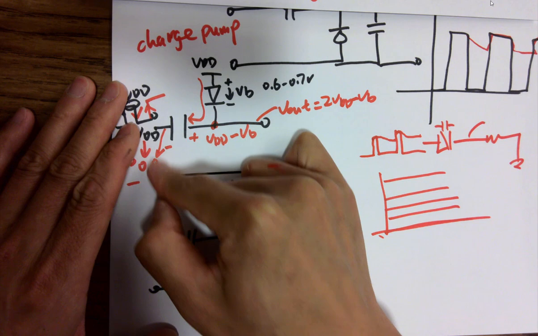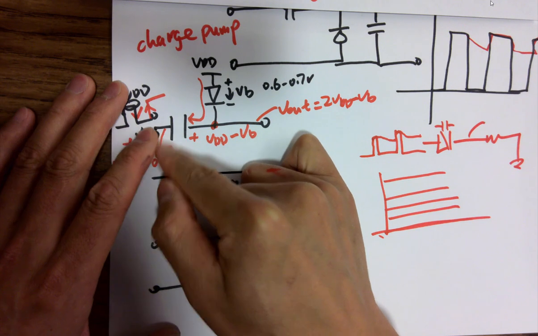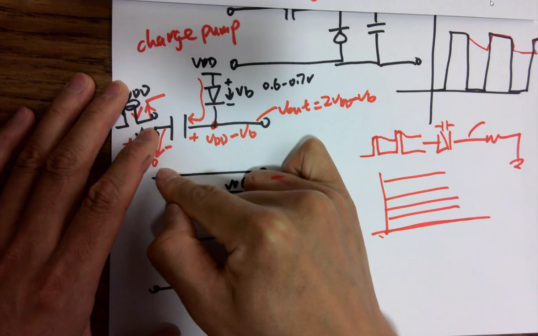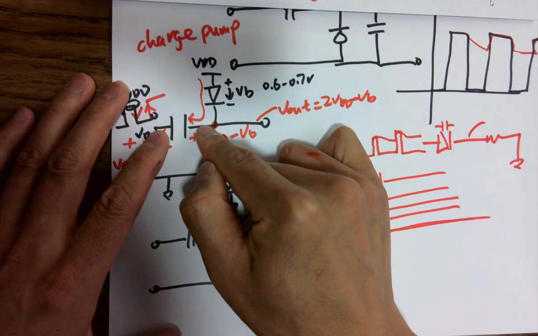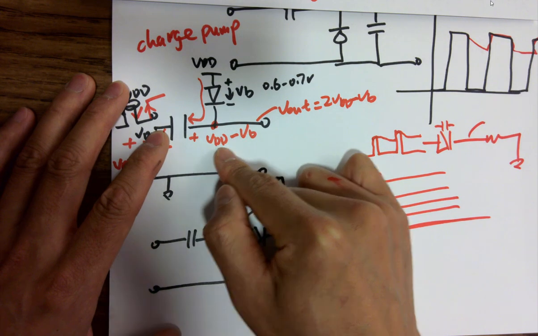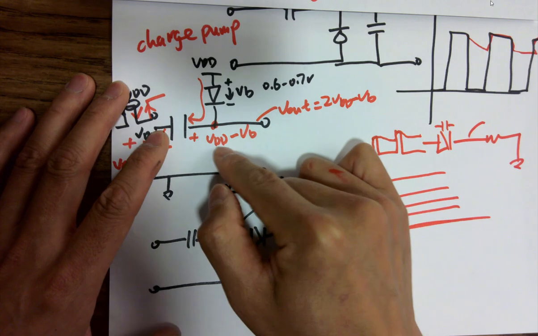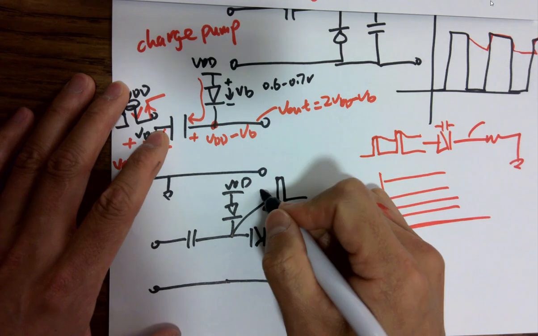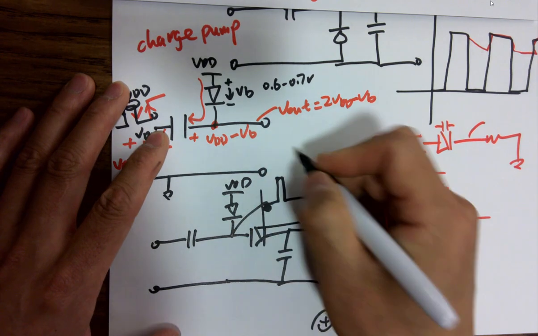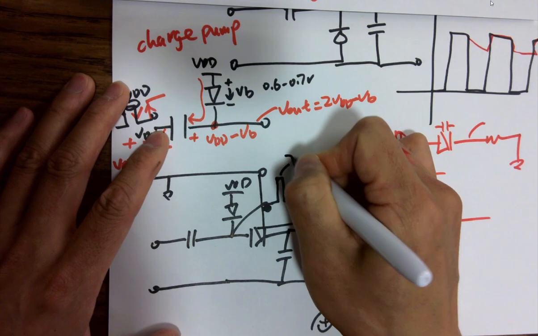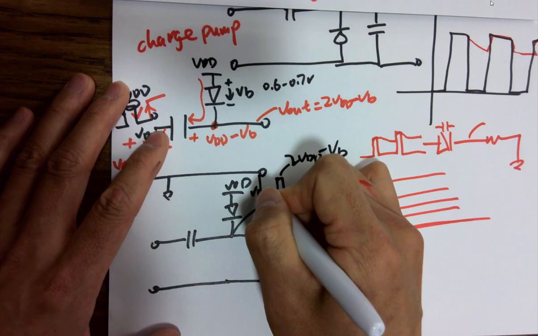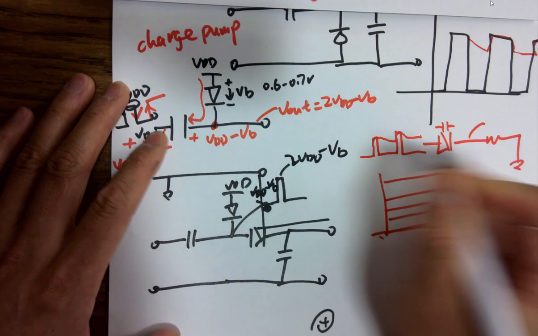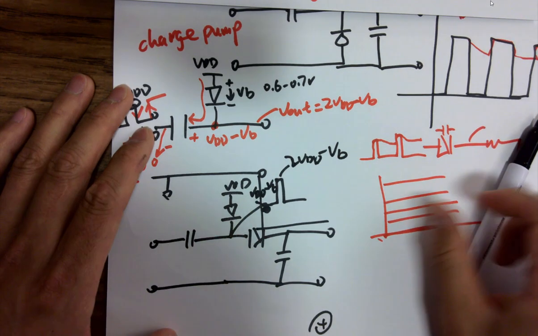Whenever you pull this down, at the edge of that falling edge, this one dumps charges to this cap, and this voltage becomes exactly VDD minus VB. So it's oscillating between 2 VDD minus VB and VDD minus VB.